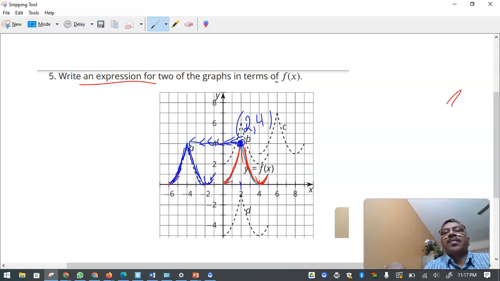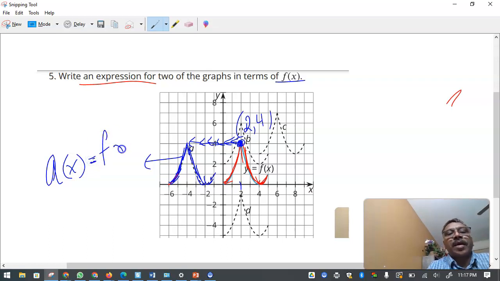If this is the function, the new function a, I can call it a of x. So a of x is f of x, because it's shifted to the left, but how much? 1, 2, 3, 4, 5, 6. So you'll have to put plus 6, and that's it. Shifting the graph to the left is the plus 6.